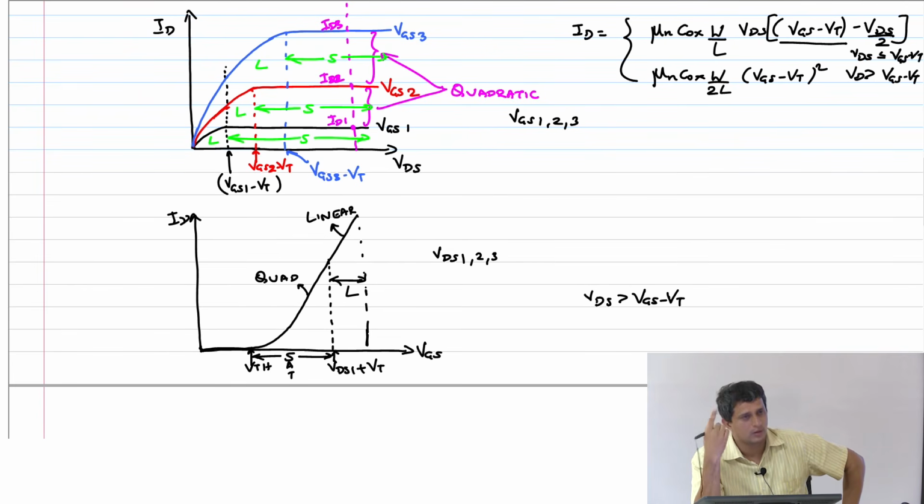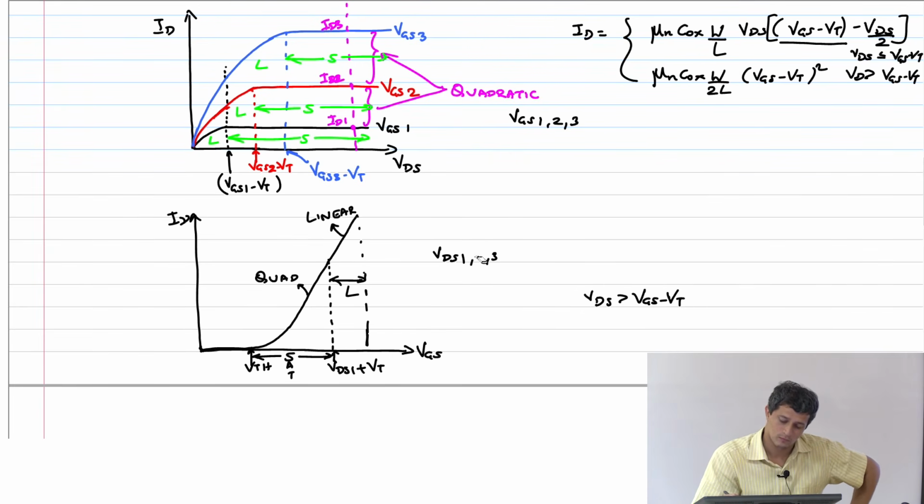So now consider my VDS2. What should happen? VDS2, 2, 3. Let me just color code it nicely. So first, until VTH what will happen? Same thing happens, correct? So the current will be 0 all through till here.